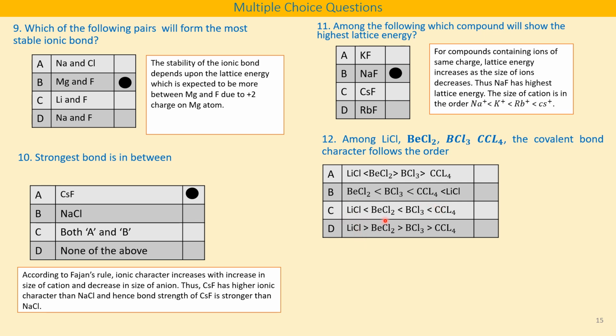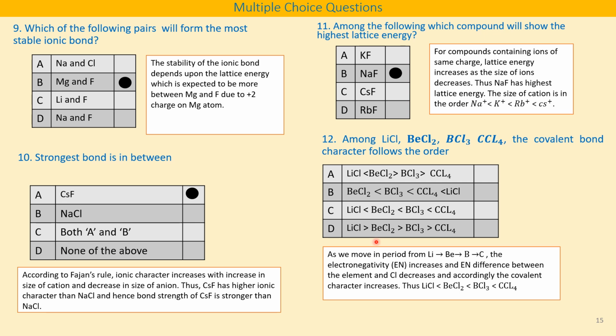Option C: LiCl less than BeCl2, less than BCl3 and less than CCl4. And finally option D: LiCl greater than BeCl2, greater than BCl3 and greater than CCl4. You have to analyze and mark the answer. Pause the video and mark your answer. I will give the correct answer.